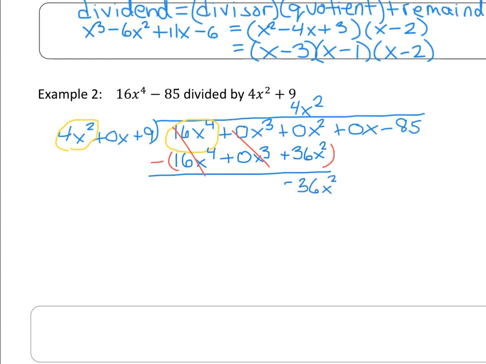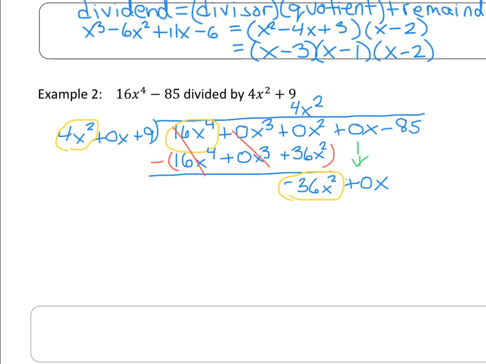And I'm going to bring down my next place value here, but it's really just a placeholder. I'm only going to look at negative 36x squared divided by that 4x squared over here. Negative 36x squared divided by positive 4x squared is going to give me a negative 9.